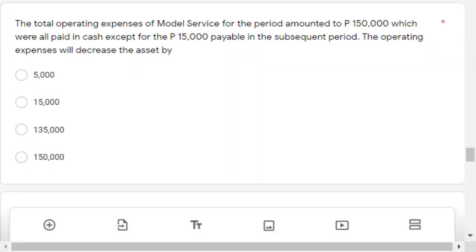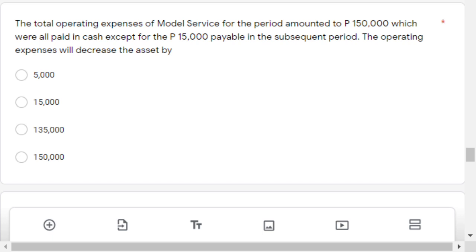The total operating expense of model service for the period amounted to 150,000, which were all paid in cash except for the 15,000 payable in the subsequent period. The operating expenses will decrease the asset by.